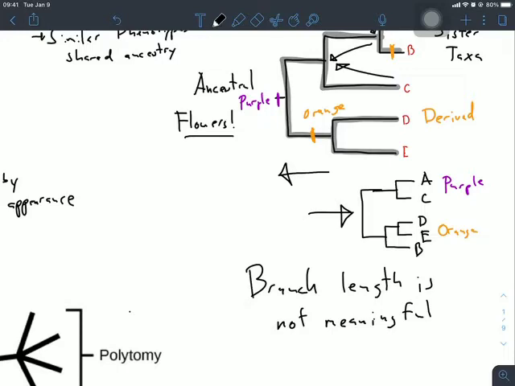Now, that doesn't mean that in all phylogenetic trees branch length is meaningless, but rather that branch length here in this class is not going to correspond to evolutionary distance. There are trees drawn by computers that have huge data sets for which branch length does have meaning.